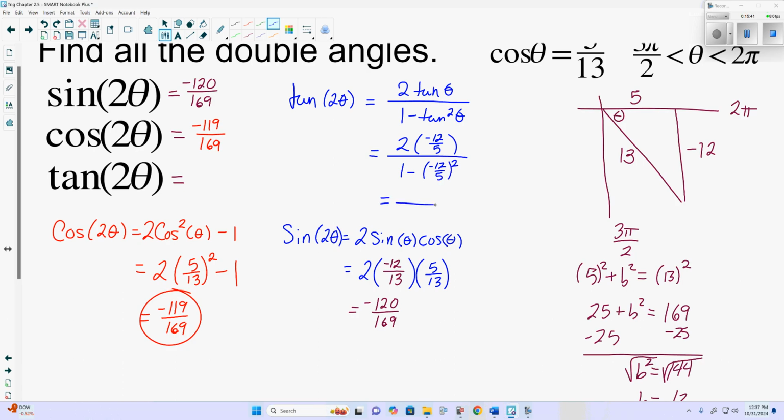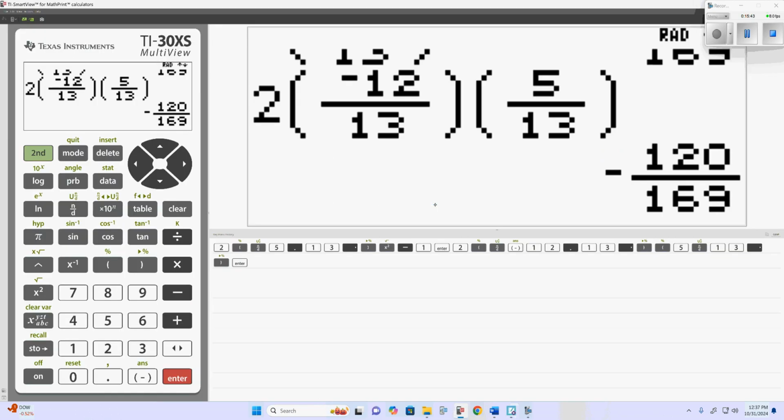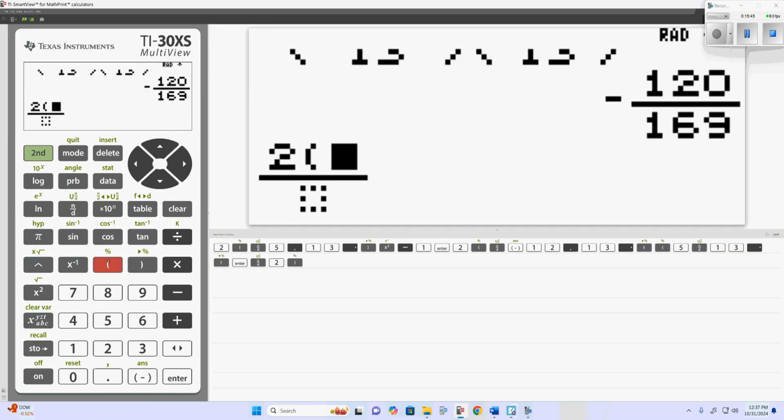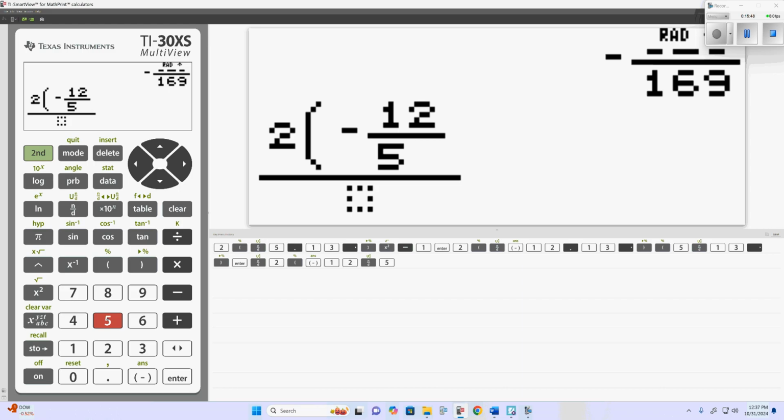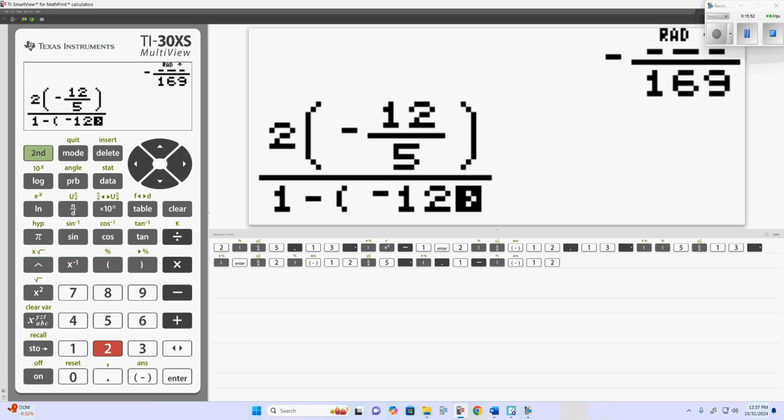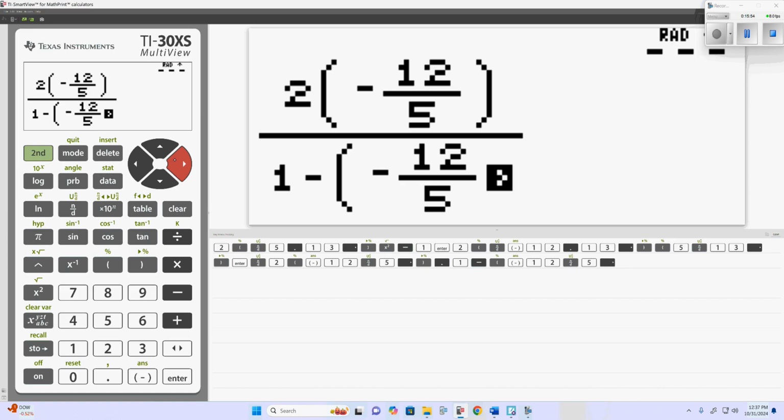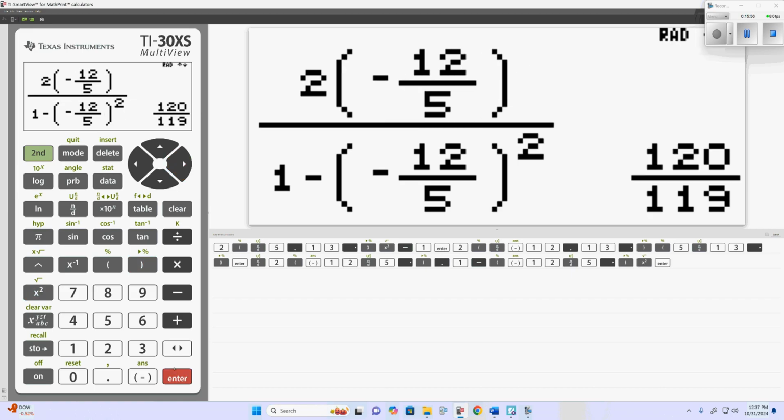And again, we could plug this in. Fraction 2, negative 12 over 5 over 1 minus negative 12 over 5 squared is 120 over 119.